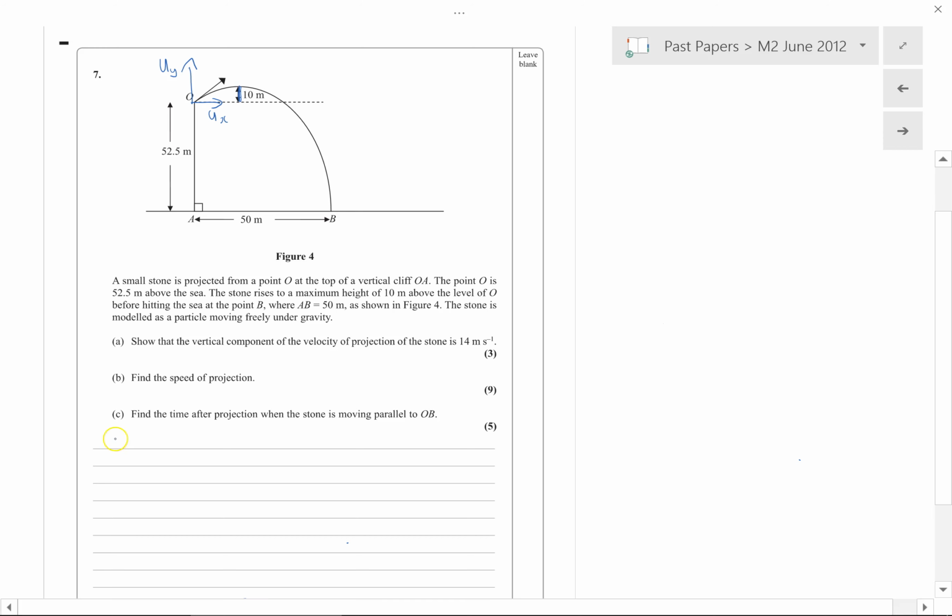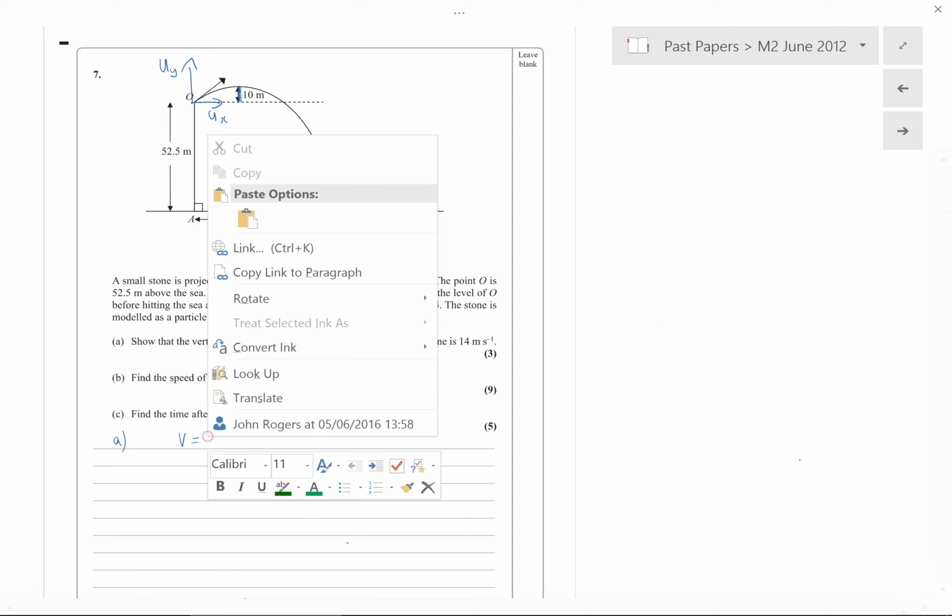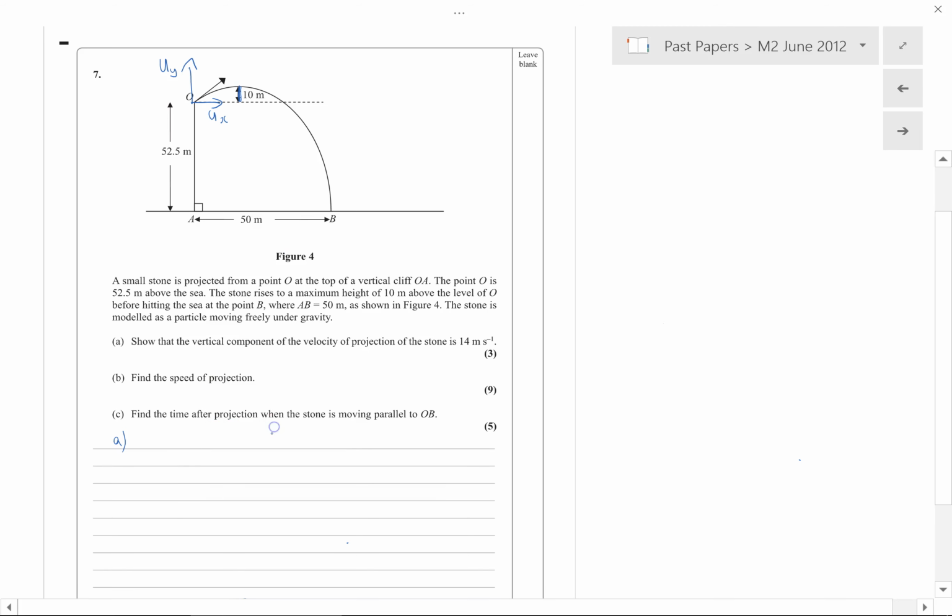So that will get us part A quickly enough, because we can just apply v squared equals u squared plus 2as vertically, because we know the final velocity is 0.